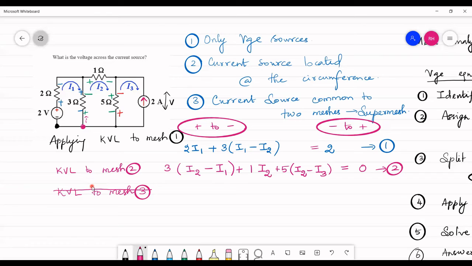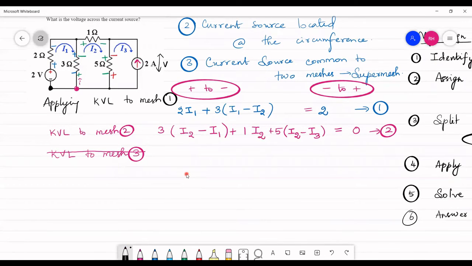Okay, so now let us see what we have to do. Let me just draw this portion separately. Here you have a current source. It is giving a current of 2 ampere, and according to my assumption, I assume a current I3.